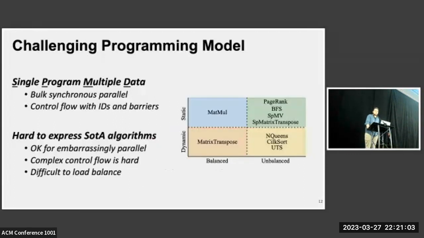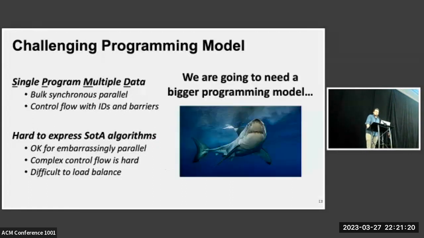And this is fine for embarrassingly parallel applications, but for other state-of-the-art parallel algorithms where the control flow is more complex, or they might be grappling with issues like load balancing, this is less than ideal. And actually, this programmability challenge is a major hurdle to the adoption of these otherwise very promising systems.